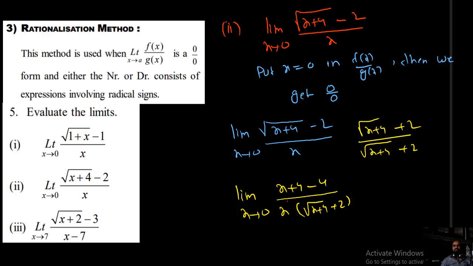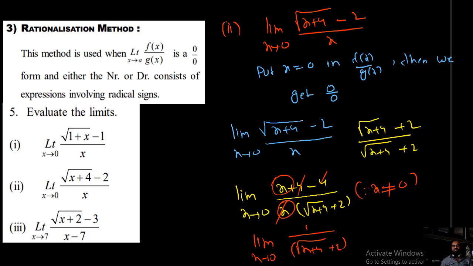First of all I want to cancel the 4, after this x and this x also cancel because x is not equal to 0, x is tending to 0 only. So finally, the limiting value of 1 by root over x plus 4 plus 2 where x is tending to 0. Now substitute, so what I will get, 1 by 2 plus 2, 1 by 4, which is a finite value. Then I can say the limiting value of the function is 1 by 4.